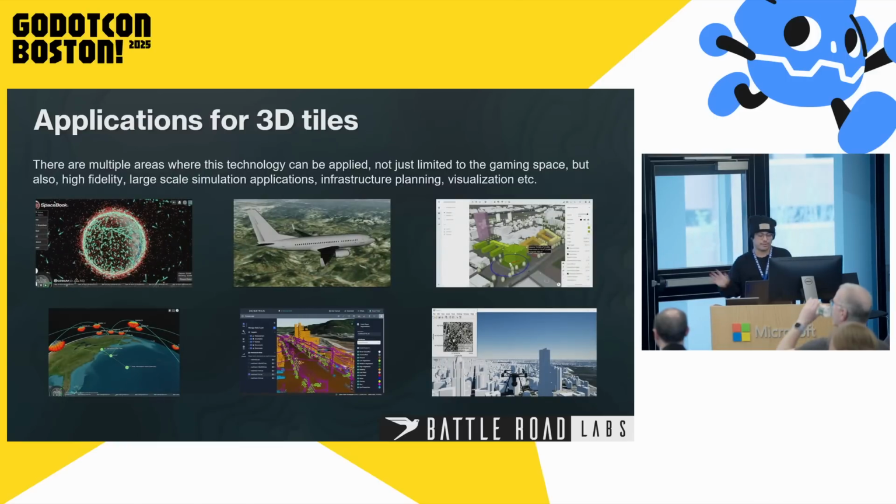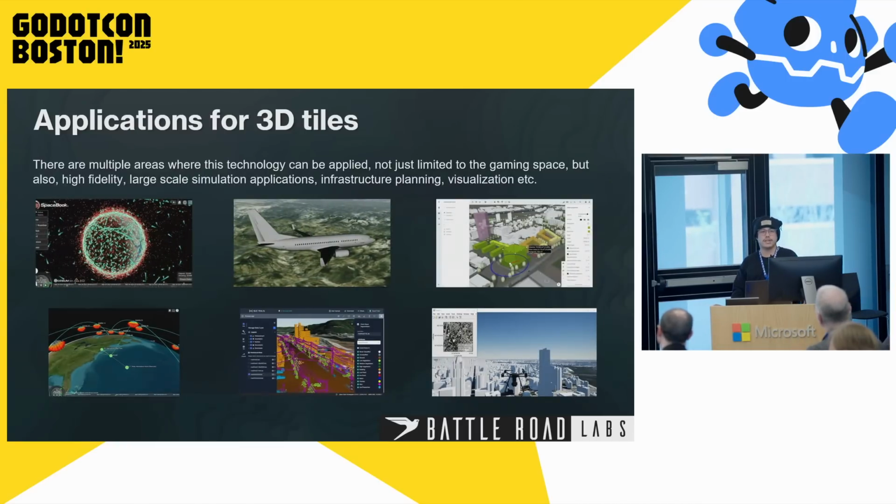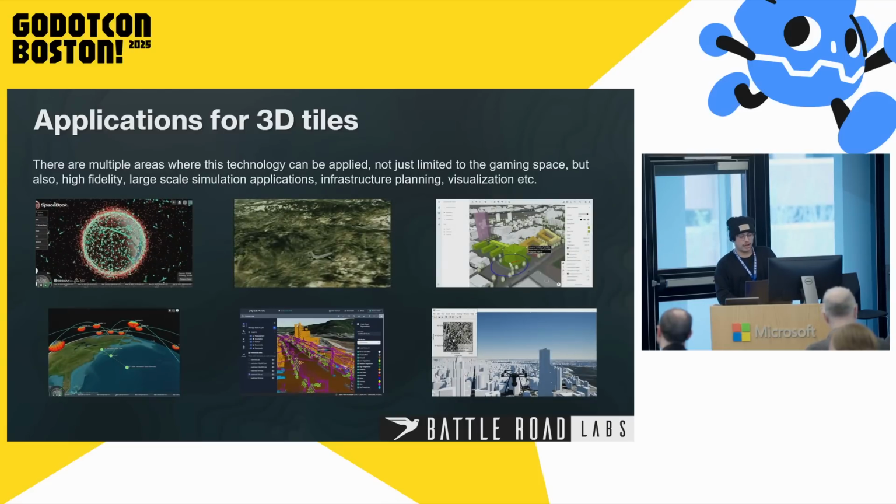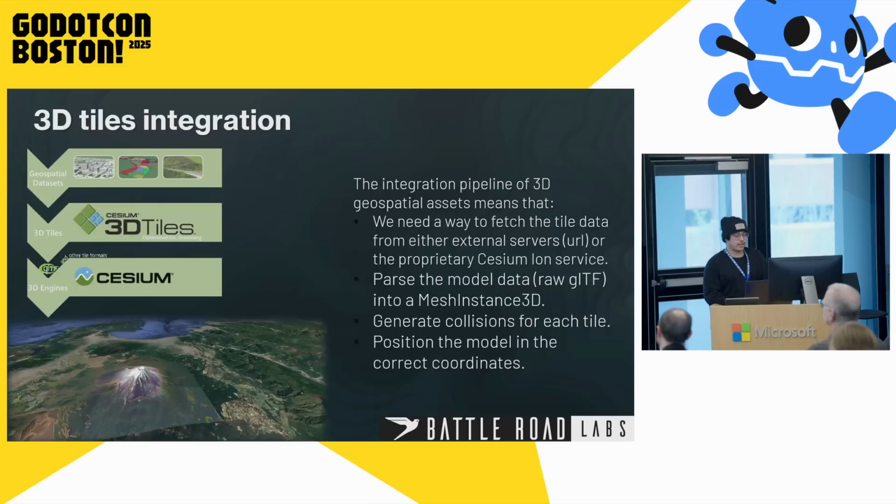So yeah, those are a couple of the potential applications for 3D tiles. There are many more. But yeah. So for this integration, this is how the pipeline usually looks for a 3D tiles application. So we have the geospatial data sets, which are just the collections of the models and textures, raster data, etc., that you have over on your server, sitting on the cloud.